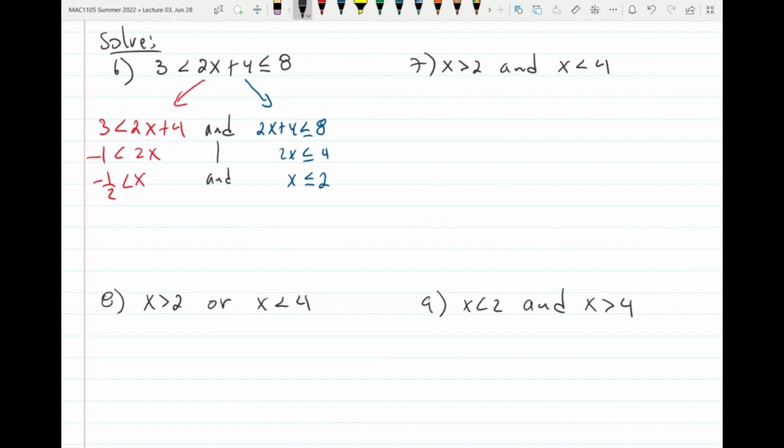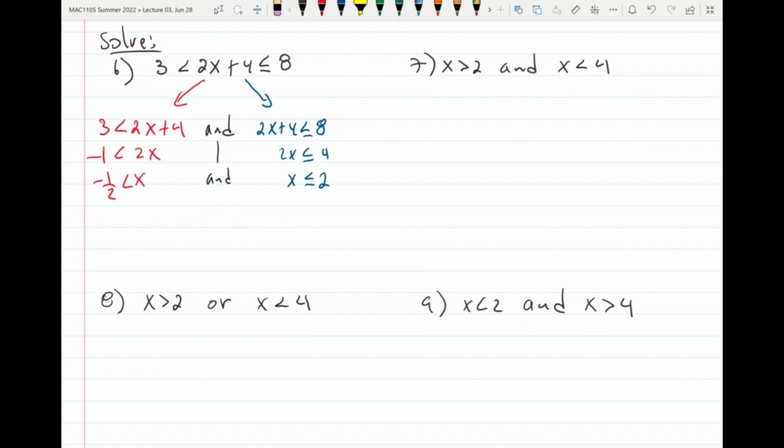If you wanted to, you could recombine these. I'm not going to do it, but I'm just going to show you, you could recombine it like this. And this is what you would obtain if you did it by itself. If you subtract the 4 on both sides and then divide by 2, then this is what you would obtain. But let me keep it at the AND level.